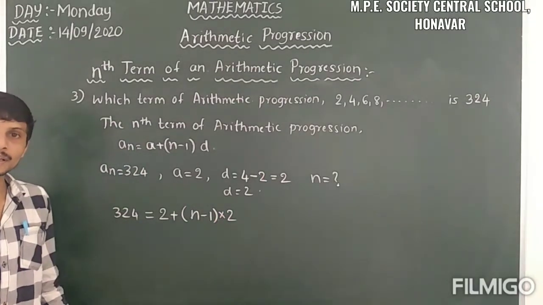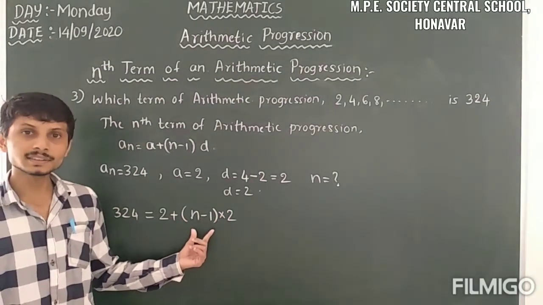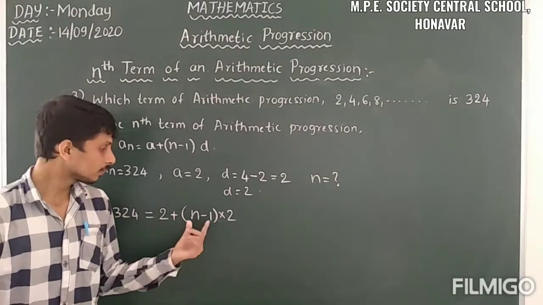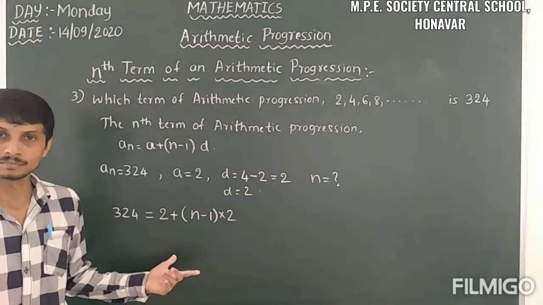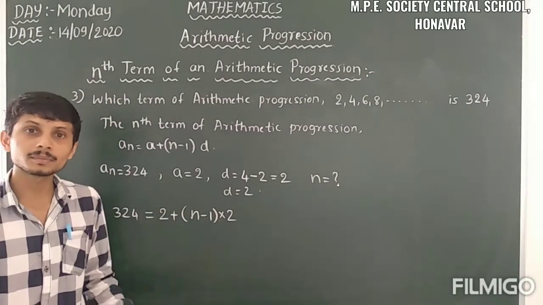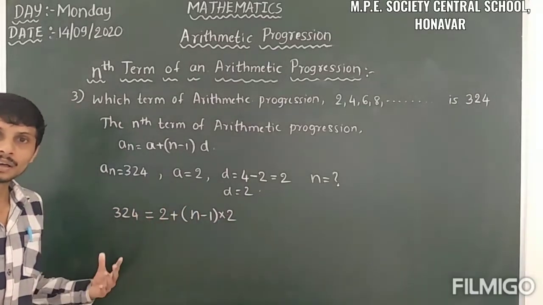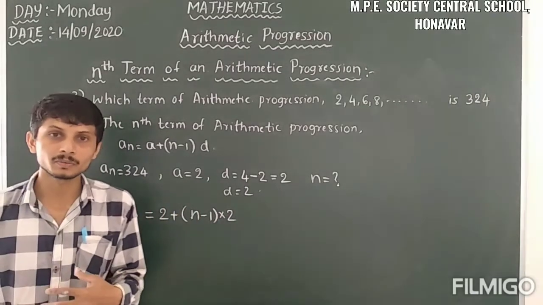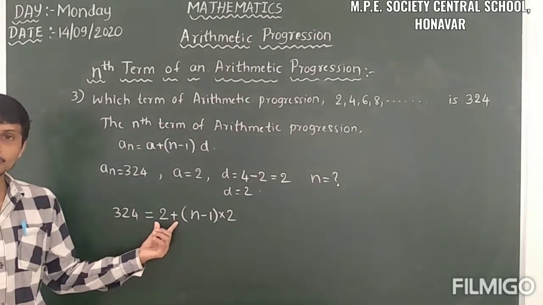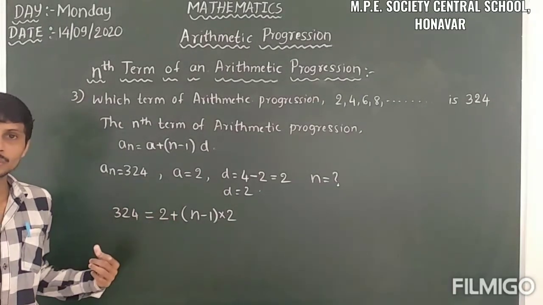Then we have to simplify. On the RHS there is an unknown thing, that's why we have to transpose all the known terms to the LHS side, and then find the value of n. Firstly we transpose the value of 2.